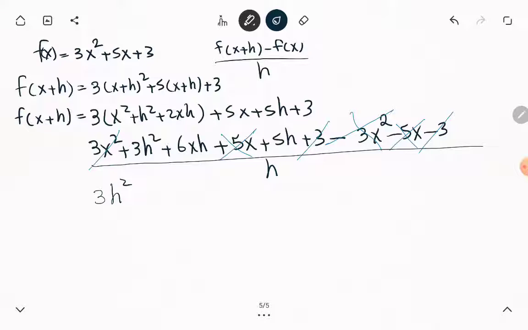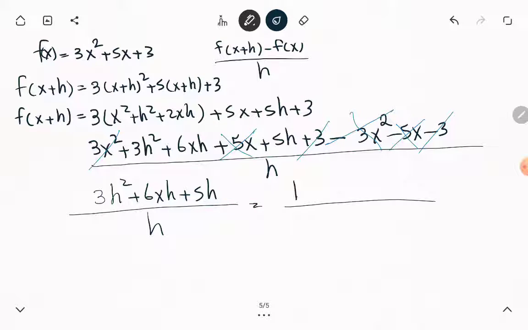So now in the new numerator you have 3h squared plus 6hx plus 5h over h, and you can get rid of h in the denominator just by factoring h from the top. So h is factored out here in the numerator, so you have h times 3h plus 6x plus 5 all over h.